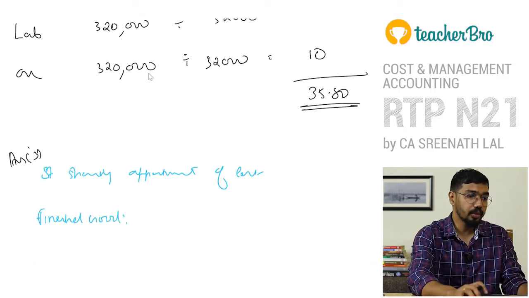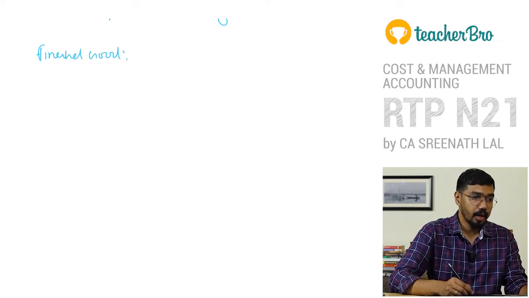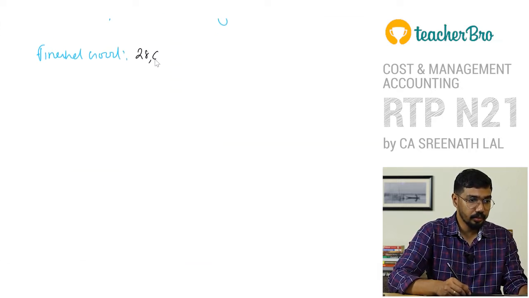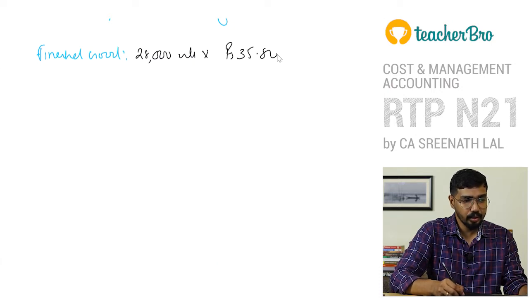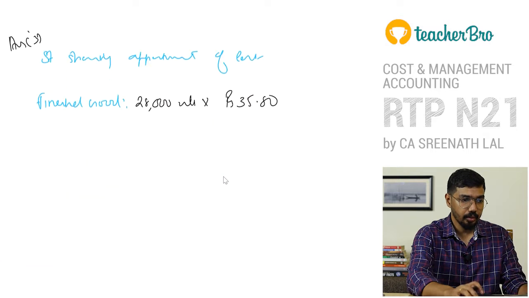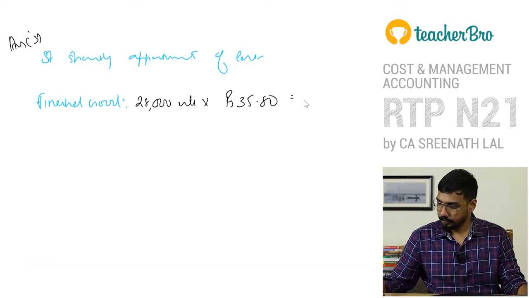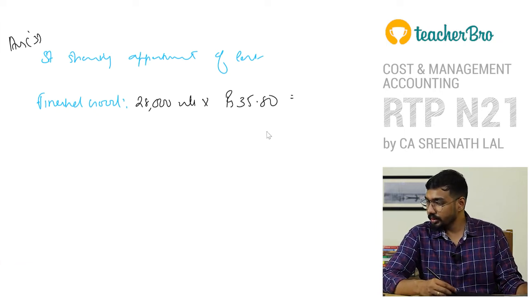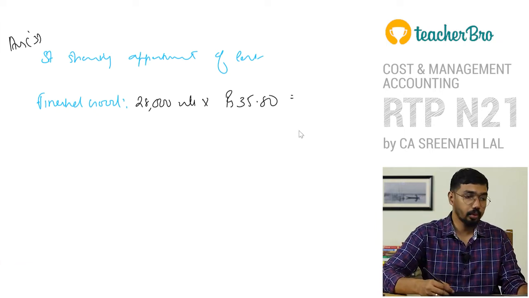So it is easy to value the finished goods. I have 28,000 units into rupees 35.80. It is 10,02,400.